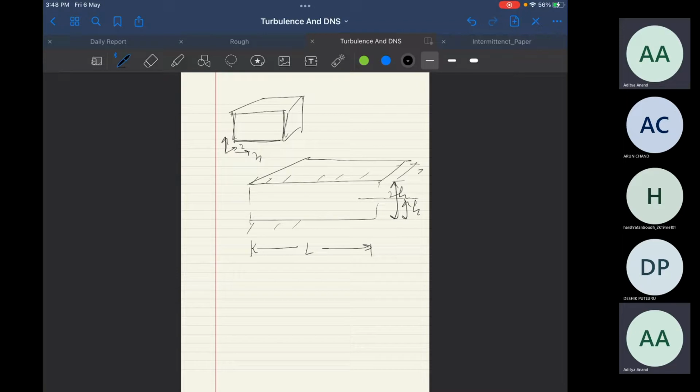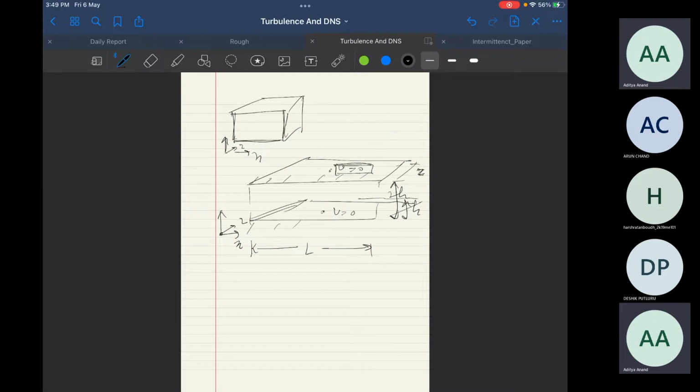So width is z. Now the channel flow, you can have homogeneous boundary conditions in x, and you can have homogeneous in z. In the y, at these walls, you have the no slip condition. So your velocity has to be 0 at these 2 points.